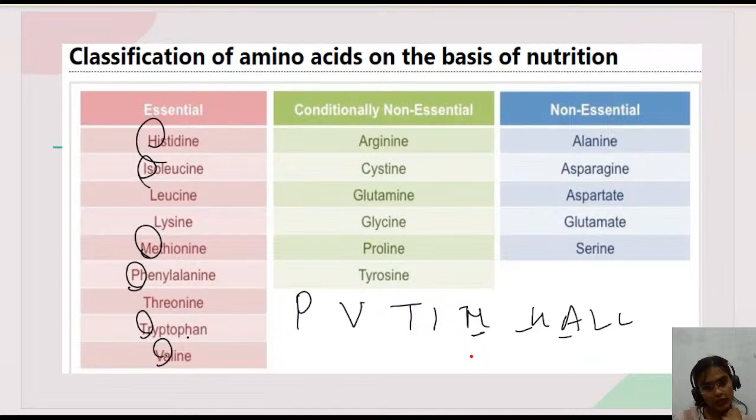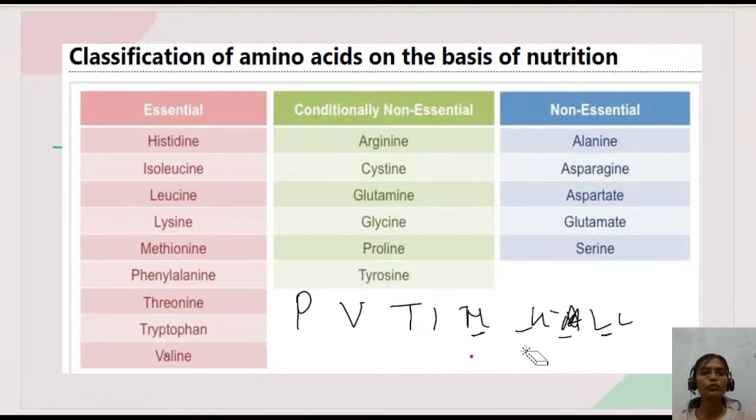A for arginine is not there, it's a small one, so it's not going to count. L for lysine and leucine. It's easy to remember: isoleucine, leucine, then histidine, methionine, phenylalanine. Just revise sometimes using this mnemonic. These are the essential amino acids which we need from outside, which are not present in our body.